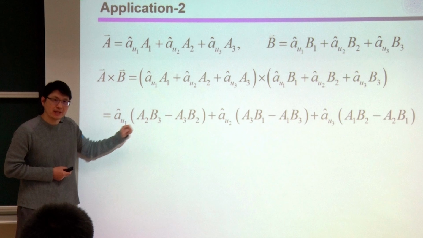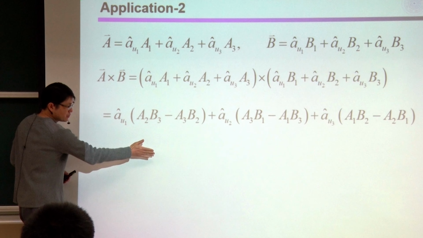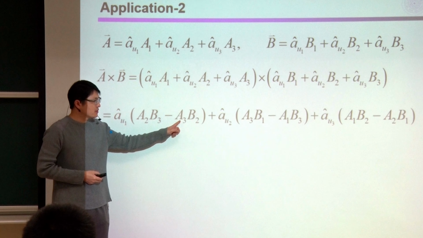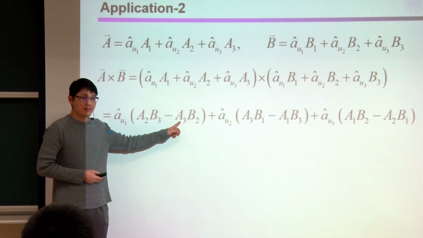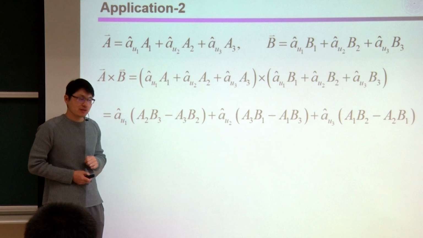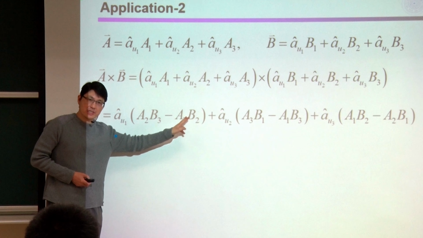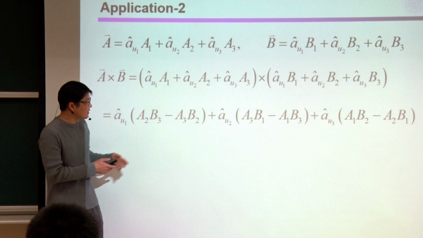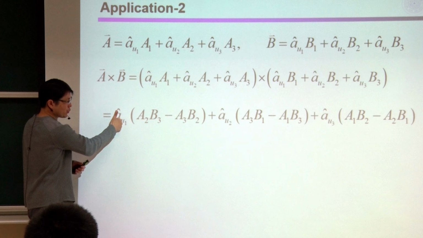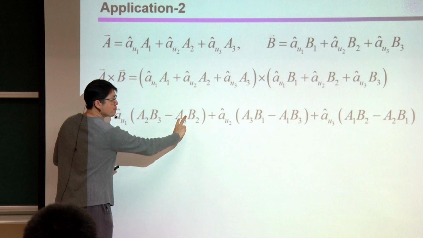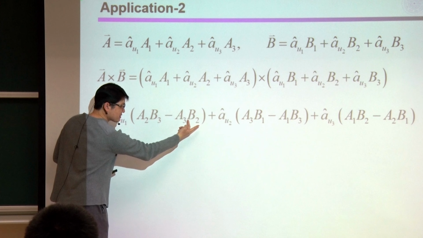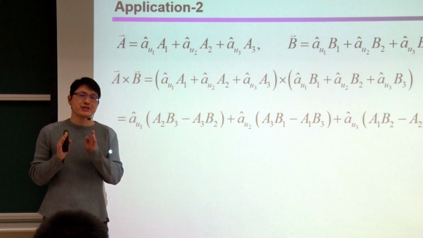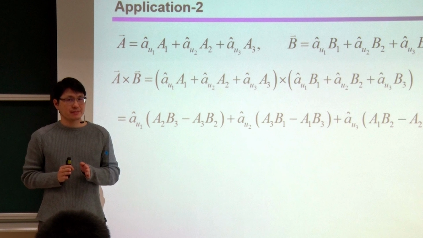A2 times B3, right? 2 cross 3 is in 1, but then there's another surface in the opposite direction with these two orders permuted, right? So A2 B3 gives you a positive first-direction surface, but there must be a negative surface with A3 B2. Remember again, this is telling you surfaces are vectors.